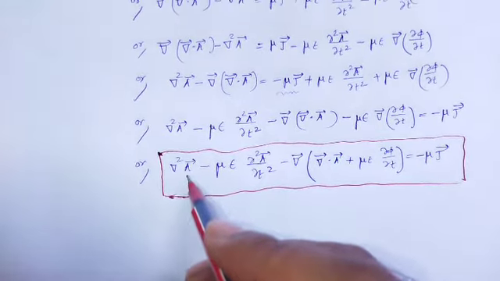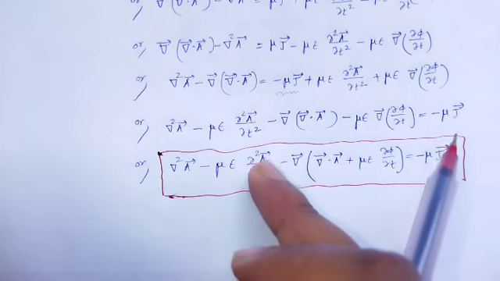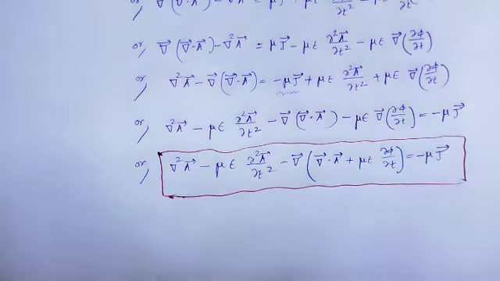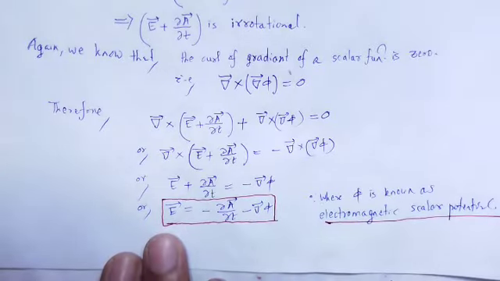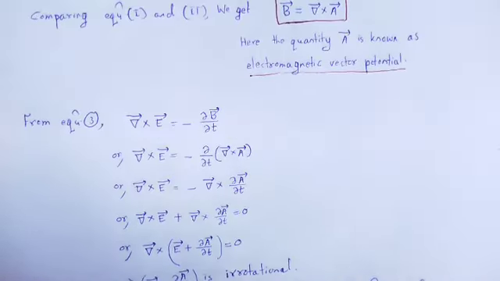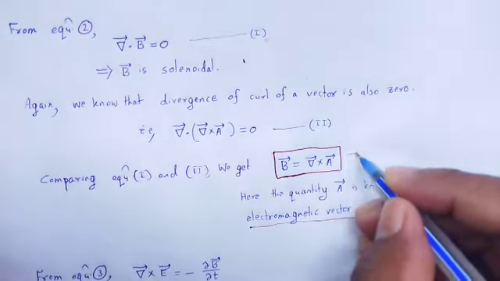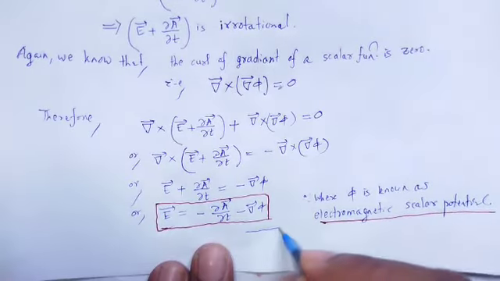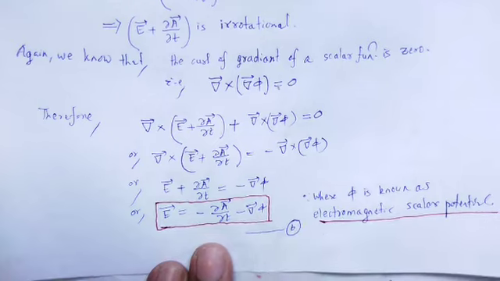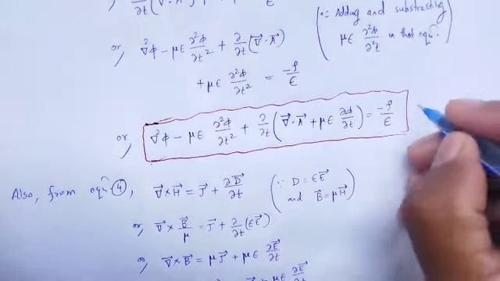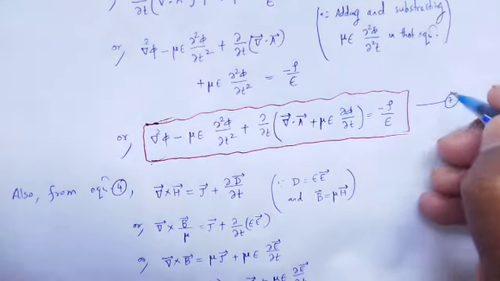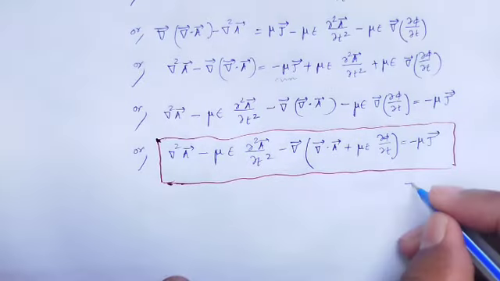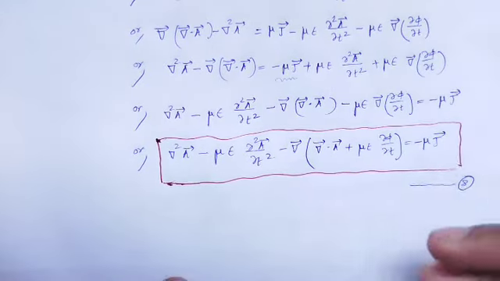Maxwell's equation in terms of vector potential A vector. Let me take that equation number as equation number 5, this one as equation number 6, equation number 7 and equation number 8.